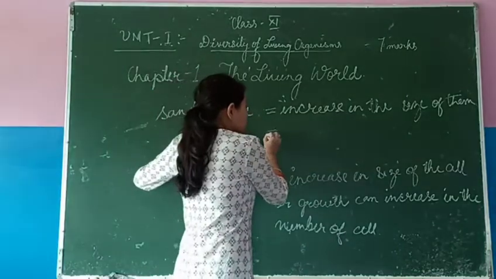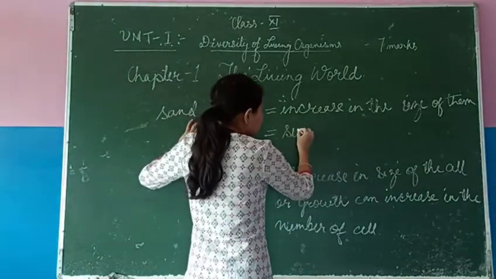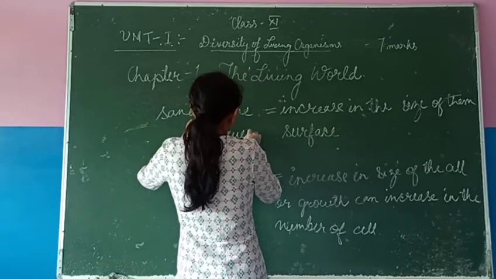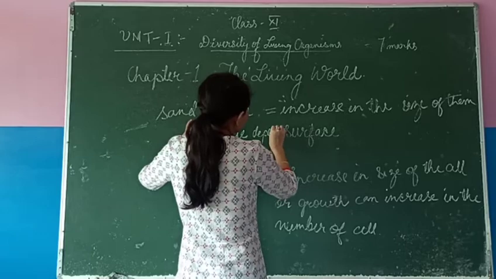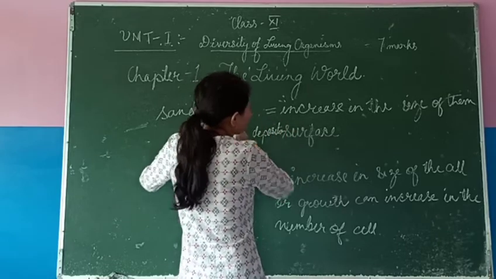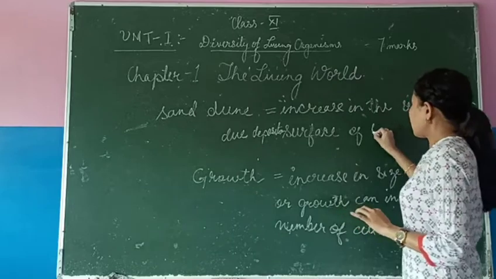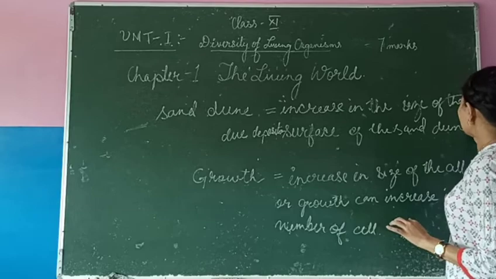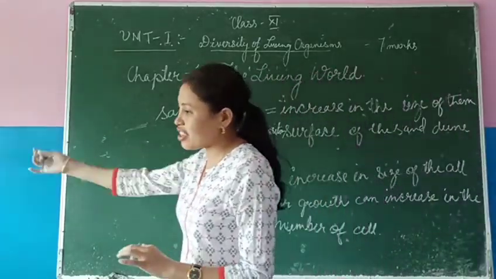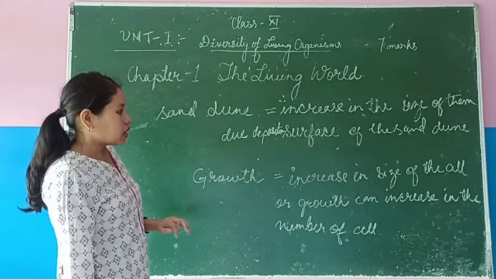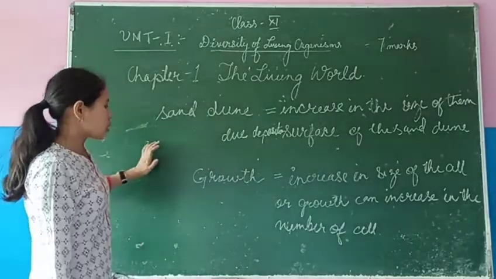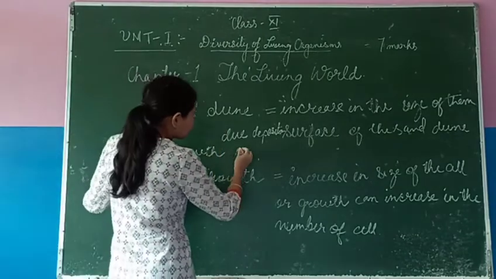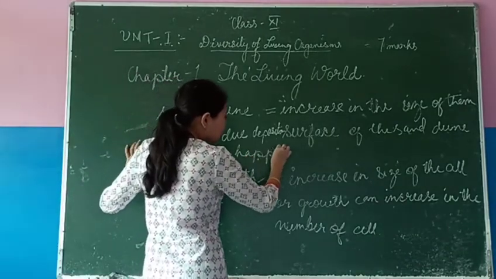Because in the case of a sand dune, the increase in size is due to deposition on the surface of the sand dune. The increase in size is due to external deposition of extra sand on them. But in the case of a living organism, growth is internal.